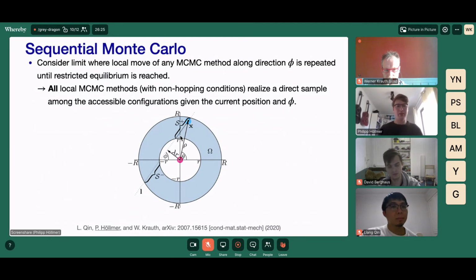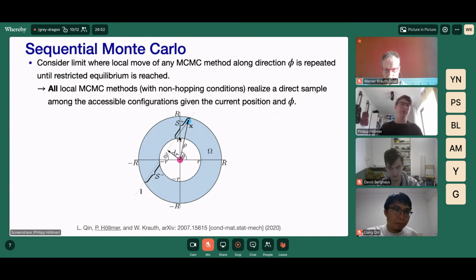In this limit, we just repeat the local single atom move along the same direction until we reach restricted equilibrium among all accessible configurations that lie on the intersection of the ring with line L. So in this sketch, we start here, we do a lot of single atom moves, and then we just wait until we reach equilibrium on the segment S plus.